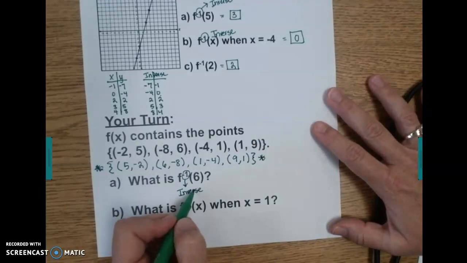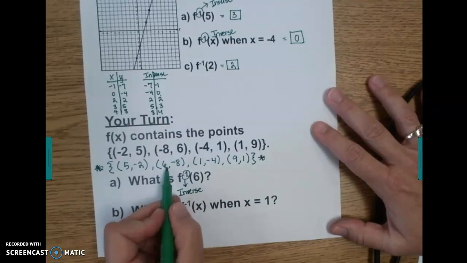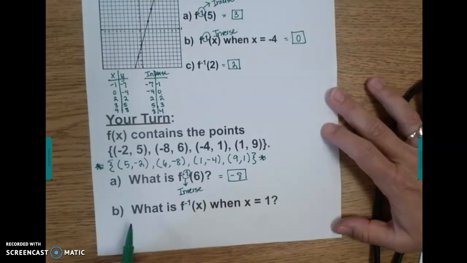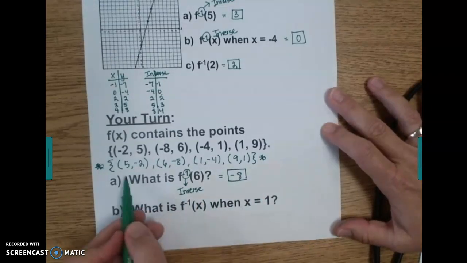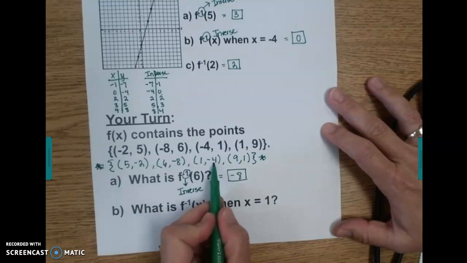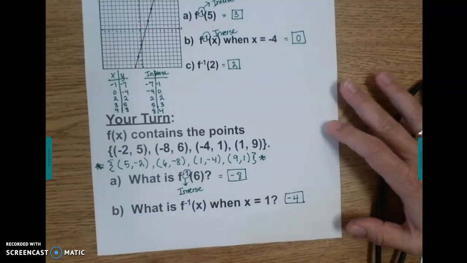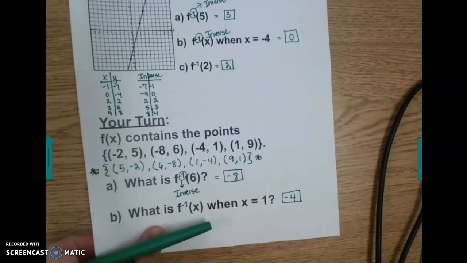So I'm going to go find where x is 6, so my answer is negative 8. Here, when x is 1, so I would come here to when x is 1, so my answer is negative 4.